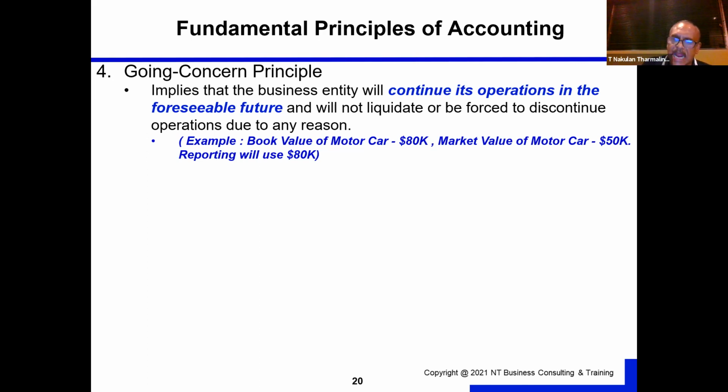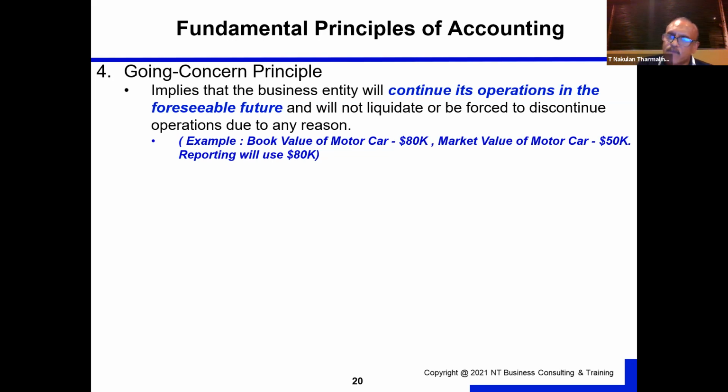It is being recorded at 80,000 ringgit. The net realizable value: if you sell this motor car out in the market to a second-hand dealer, it will only fetch $50,000. That's your net realizable value. That's what it means, net realizable value.